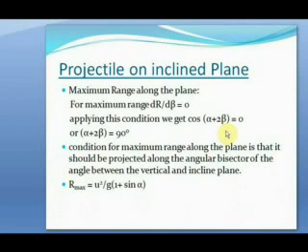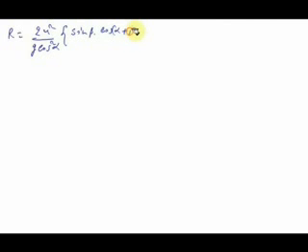Now let's see what is the maximum range of the projectile along the inclined plane. For any given inclination angle alpha, the range will be maximum when dr by d beta is equal to 0. So let's calculate this maximum range. So we already have range r is equal to 2u square by g cos square alpha into sine beta into cos alpha plus beta.